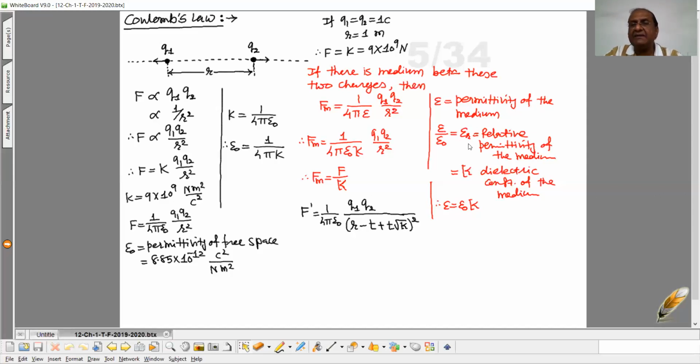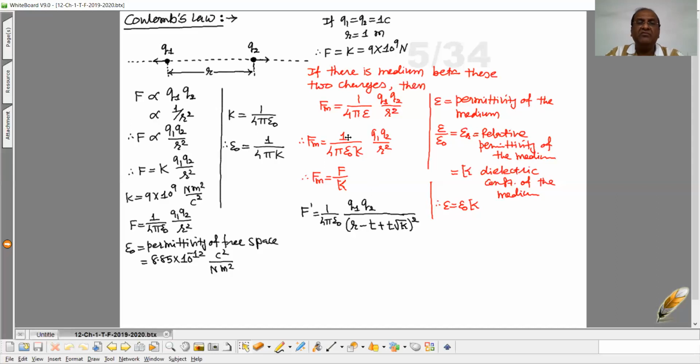It is denoted by epsilon r. It is also known as the dielectric constant of the medium. So from this we can write epsilon equal to epsilon 0 k. Here, if we introduce epsilon as epsilon 0 k, then we can write Fm equal to 1 upon 4 pi epsilon 0 k Q1 Q2 upon r square.